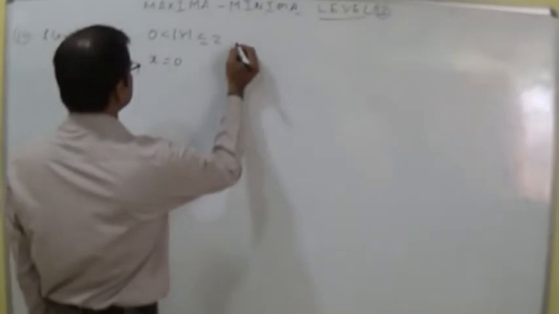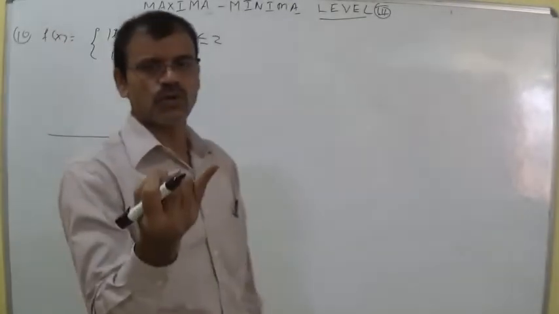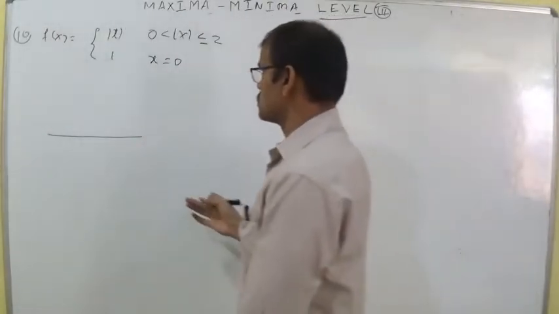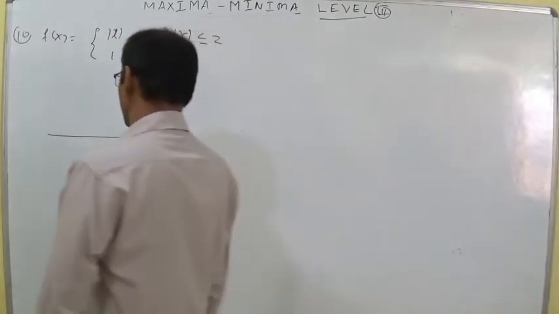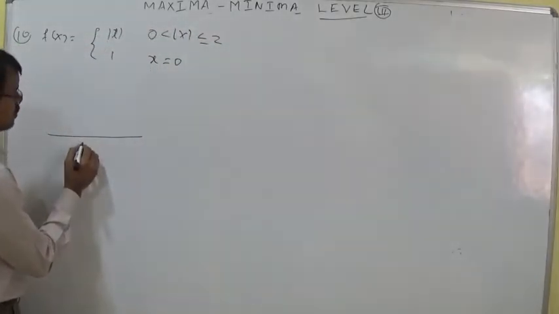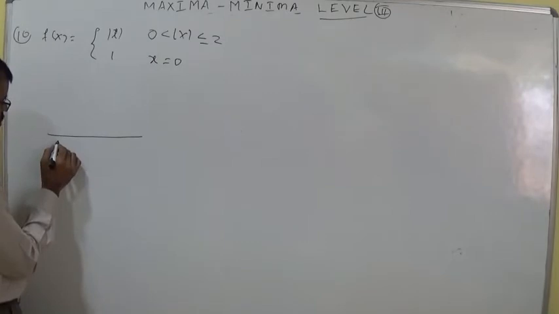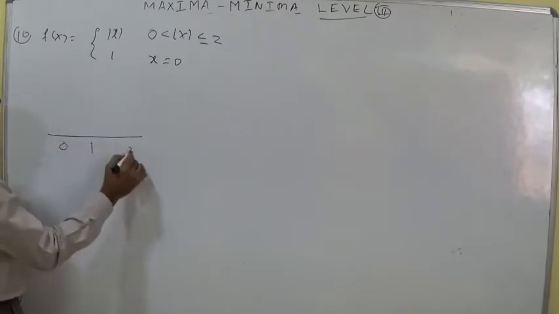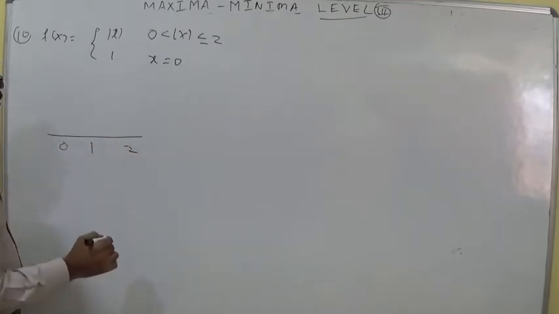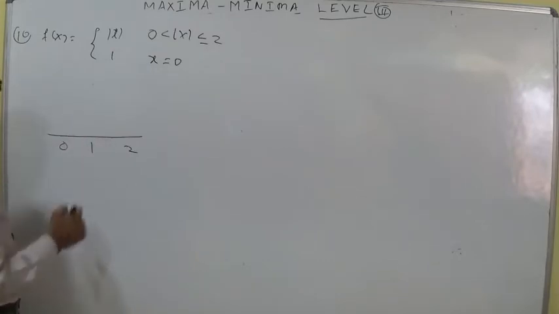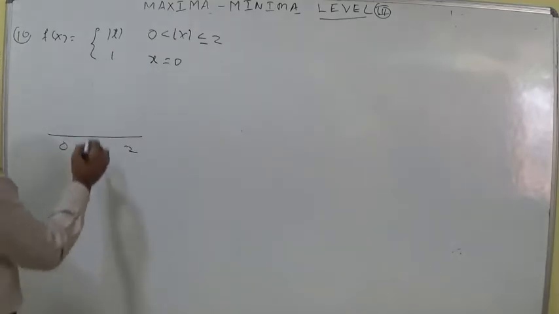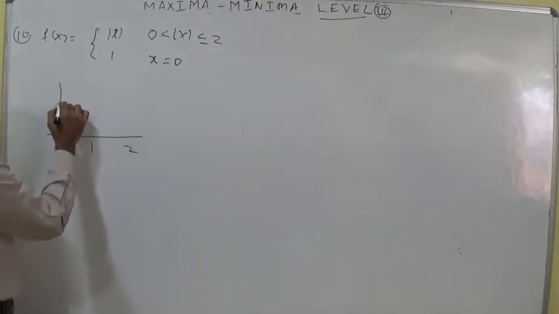Here, meaning 0, you should take 0, 1, 2 also. Between 0, 1 and 2 you can draw the graph of modulus x. This is 0, so no need to write positive, students. This is 1, this is 2. Let us write the y-axis.